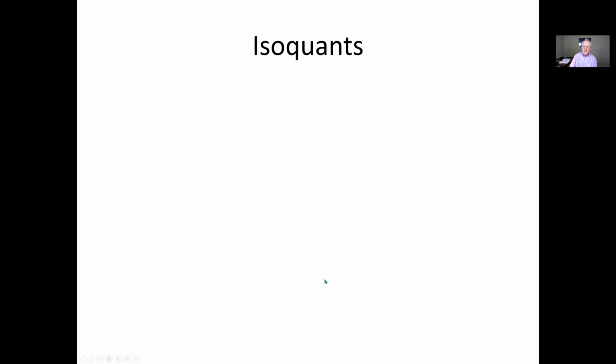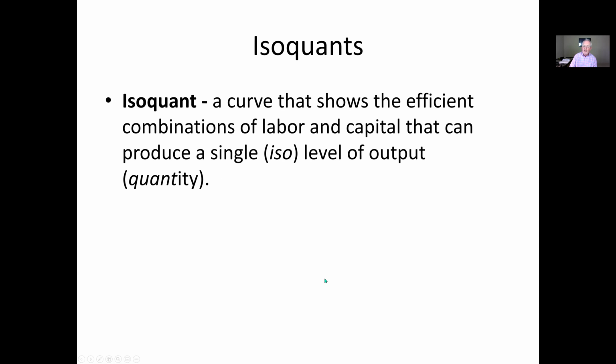So what we're describing here when we say, what are all the different input combinations that will produce 140 units of output? Well, that is what we call an isoquant. Iso for same, quant for quantity.